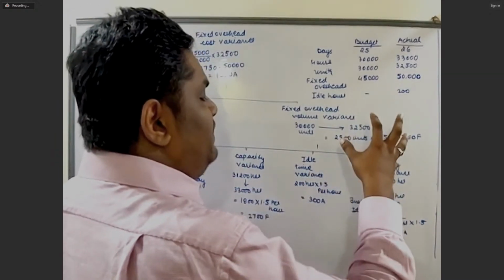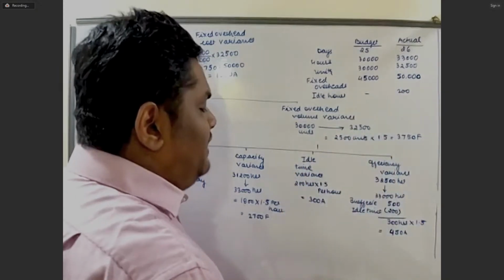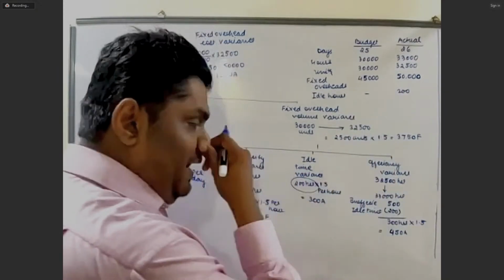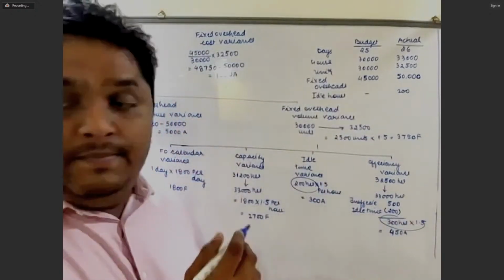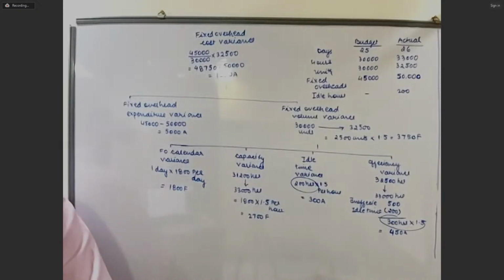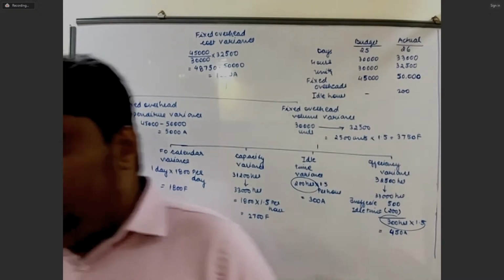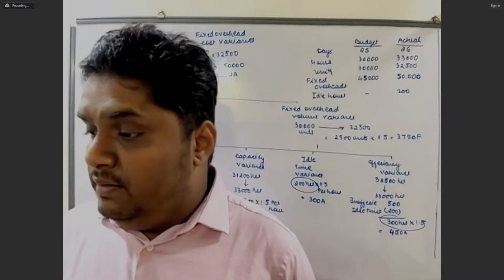Of this 500 hours, 200 hours are my idle time. These 200 hours my idle time and 300 hours will show as inefficiency. Yes, I have already rectified.